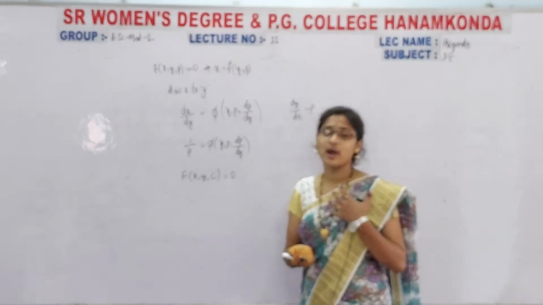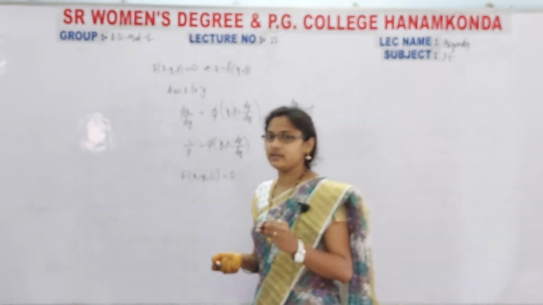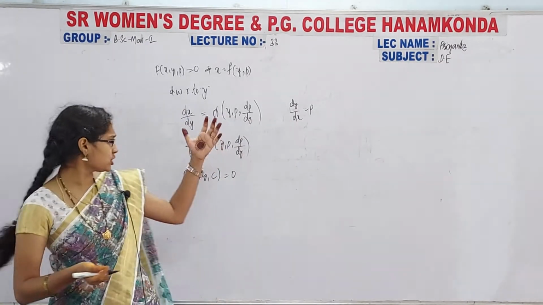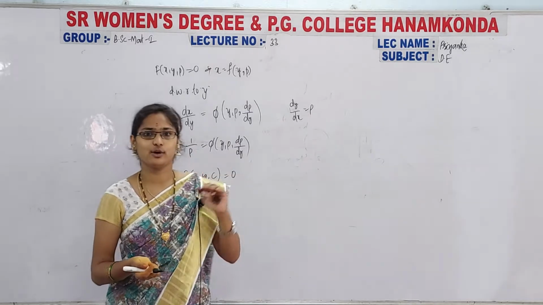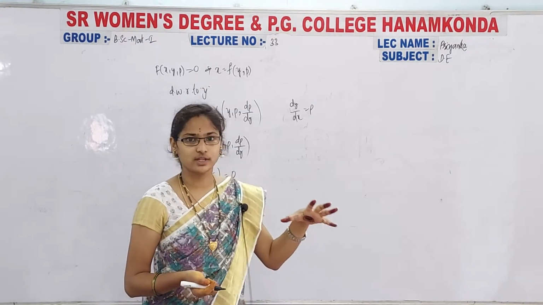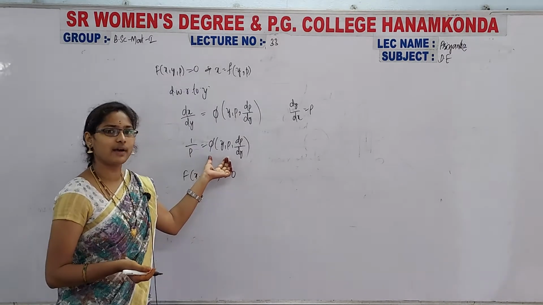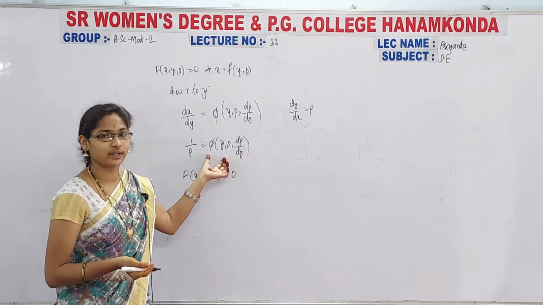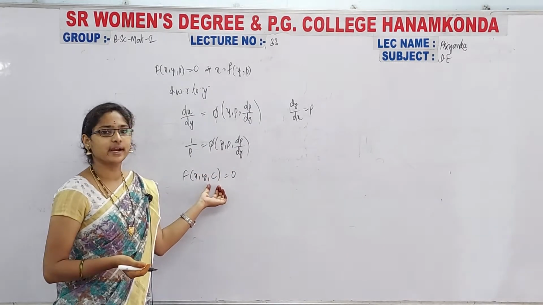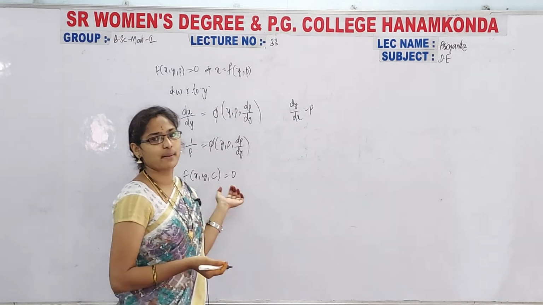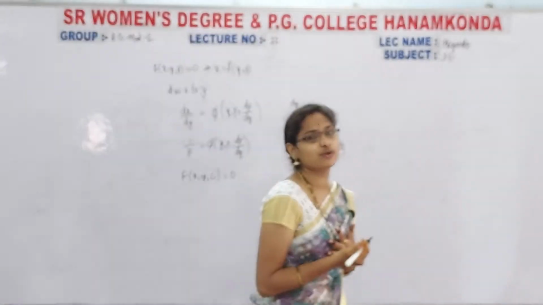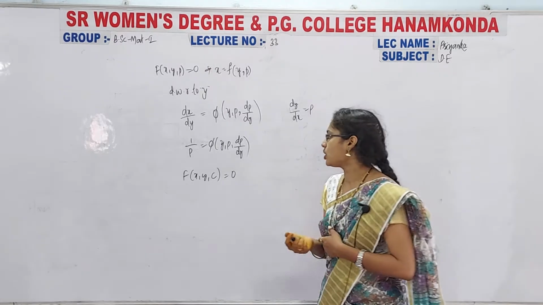By this you have to understand that by following this procedure we finally get the value of p in terms of the constant c. Then in the place of p we substitute the constant values.